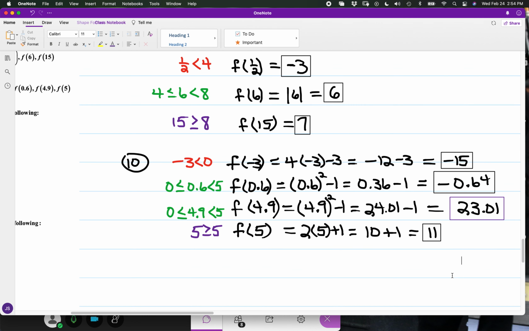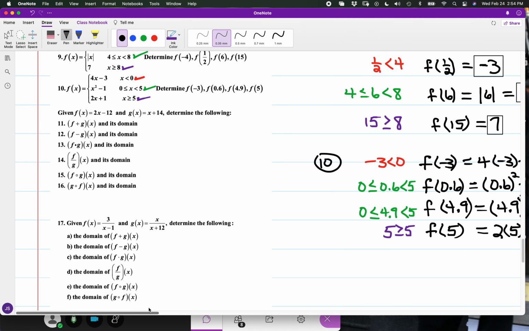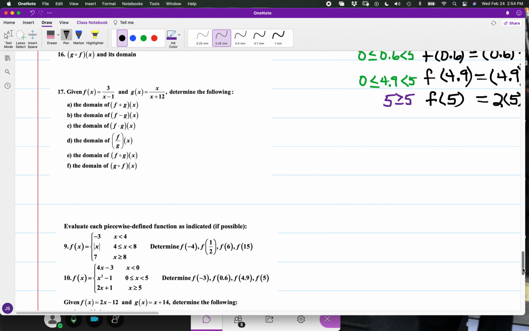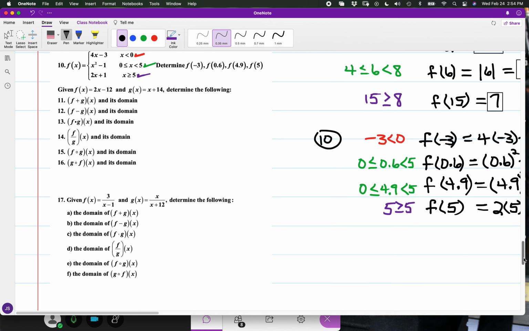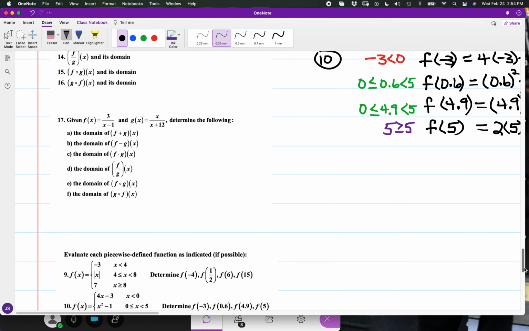Okay, now for the next phase, again we have operations between functions as well as their domain, looking at what we have given for f of x and g of x.